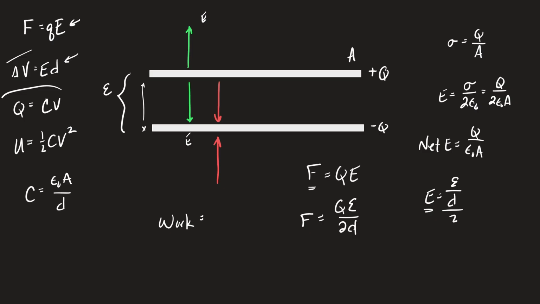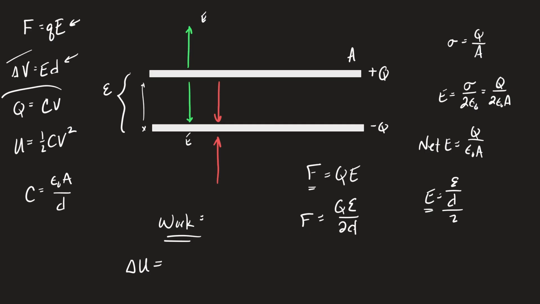So I don't want to do all of it, but I want to remind you of a couple of things that we did yesterday to get to that point. If we wanted to find the work, we had two different ways we could do it. One way was to find the change in potential energy, which was taking the plates, remember, and we're going to take the plates as they are and pull them apart a distance 2D.